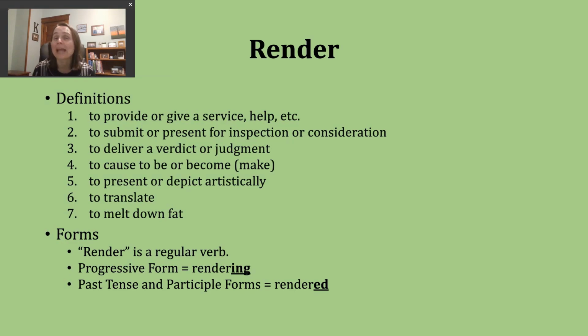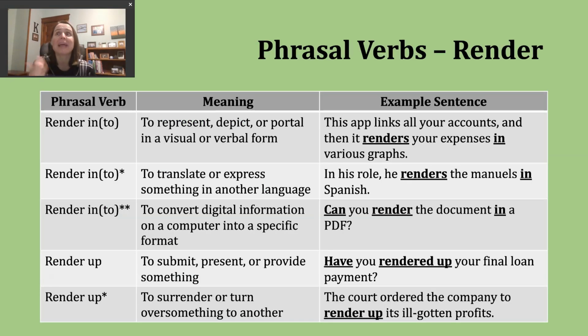So this means when we add that ed ending, we're just going to be adding a d sound. And I'm not going to add an extra syllable to the verb. So the past tense and the participle forms of the verb should sound like this. Rendered, rendered.